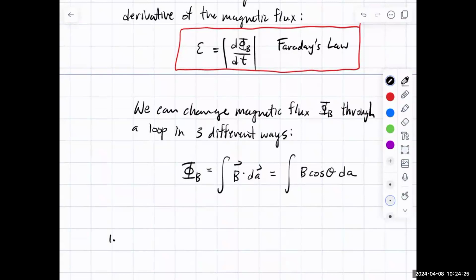So one way to do it is to change the angle between the magnetic field B and the area dA.